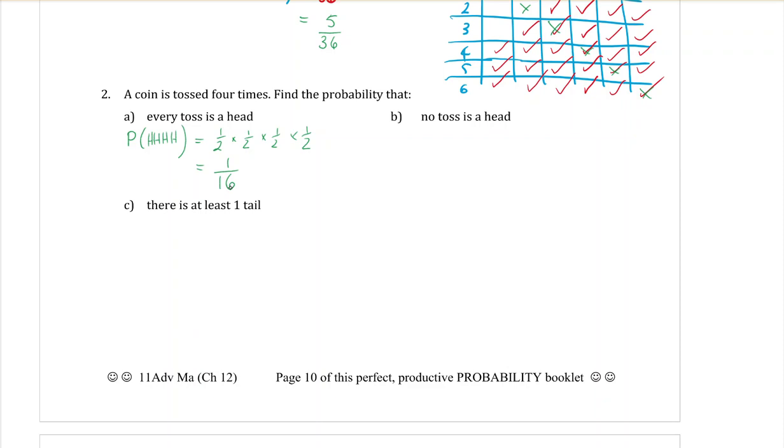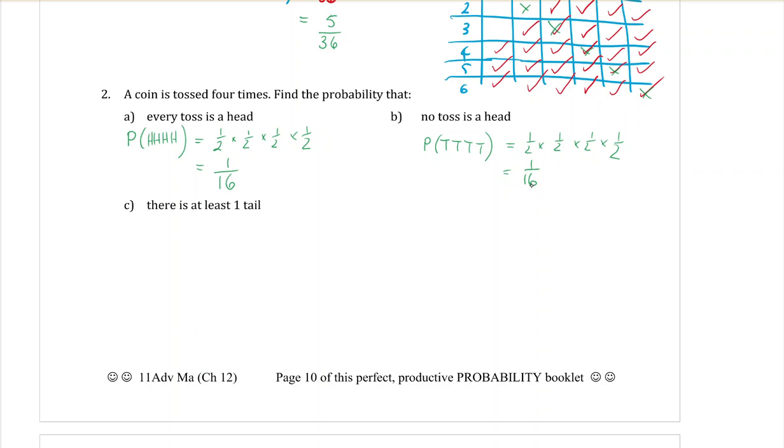Part B, find the probability of no toss being a head. That means that I'm actually after tail, tail, tail, tail, because I want no heads. So that's going to be the exact same thing. It's a half times a half times a half times a half, 4 of them, which is again going to be 1 over 16.